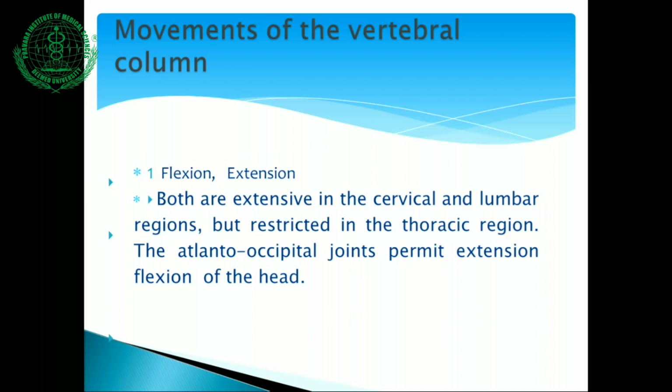The flexion and extension movements are more extensive in the cervical and lumbar region. But flexion and extension of the vertebral column are restricted in the thoracic region because of the articulation of the ribs with the sternum and articular disc.